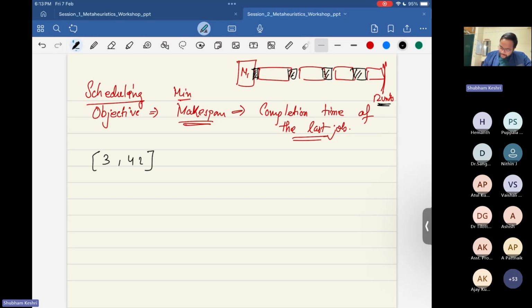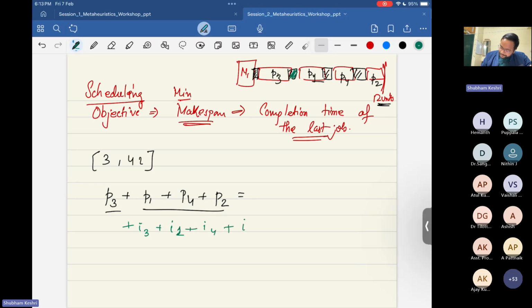You can just add the processing times: P3 plus P1 plus P4 plus P2. But this will not give you the makespan because there is some idle time. Since there is idle time, you have to add the idle time after job 3, idle time after job 1, idle time after job 4, and idle time before job 3.